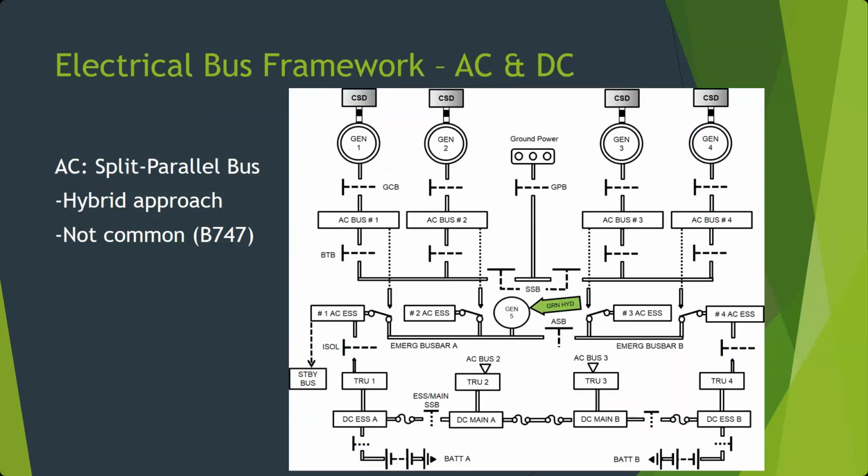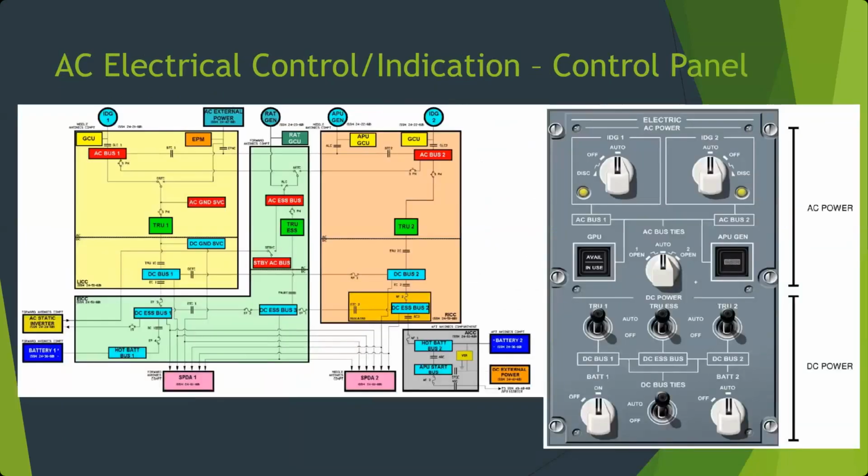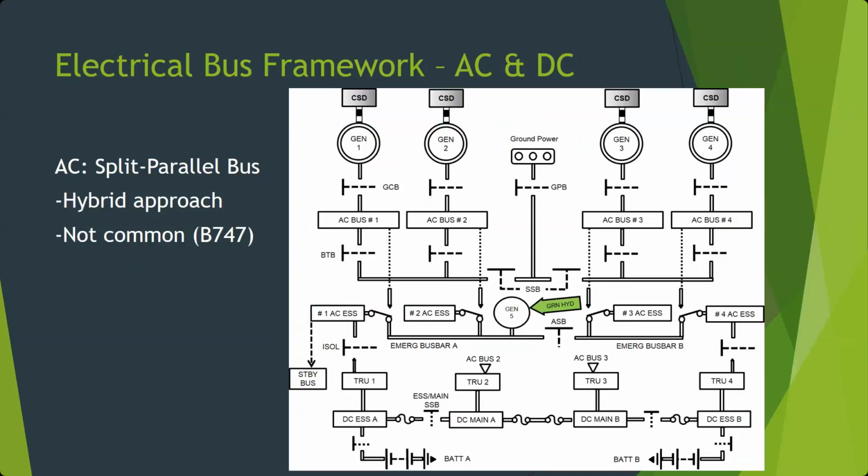A couple of airplanes out there have kind of a hybrid of the two systems. The 747, for instance, uses a split parallel. What that means is this is a 4-engine aircraft, 2 in the left wing, 2 on the right wing. It has 4 main generators and 4 main buses, but under normal operation, generators 1 and 2 power buses 1 and 2, and they are normally linked together.